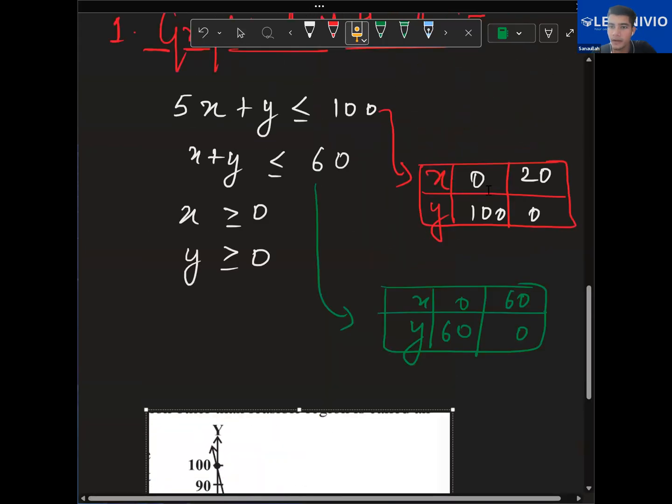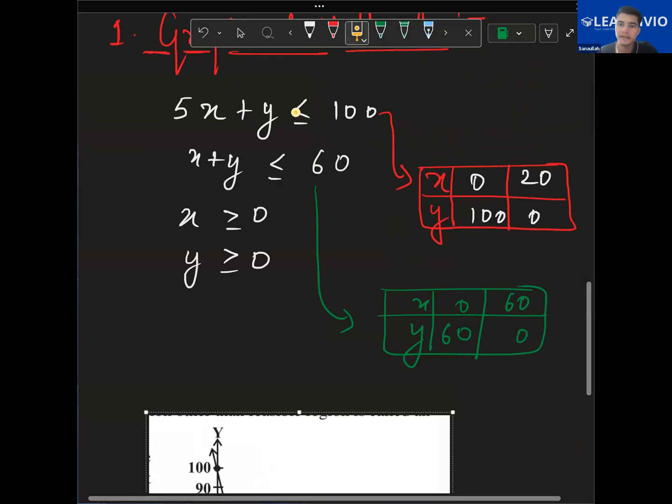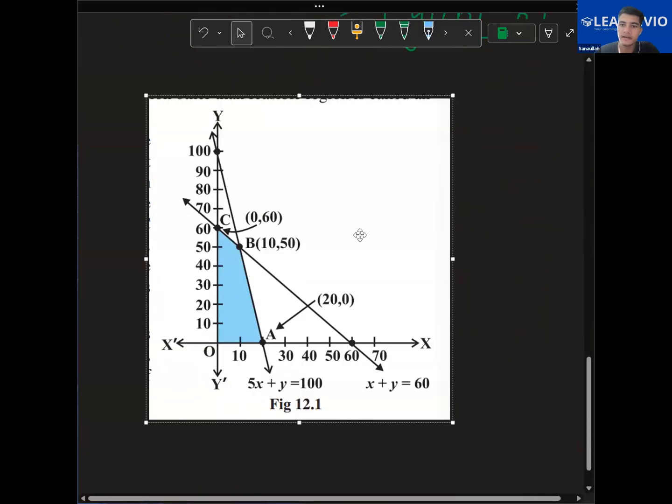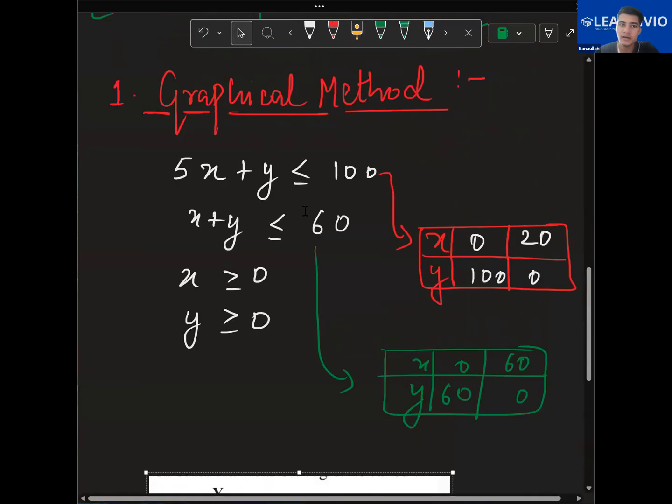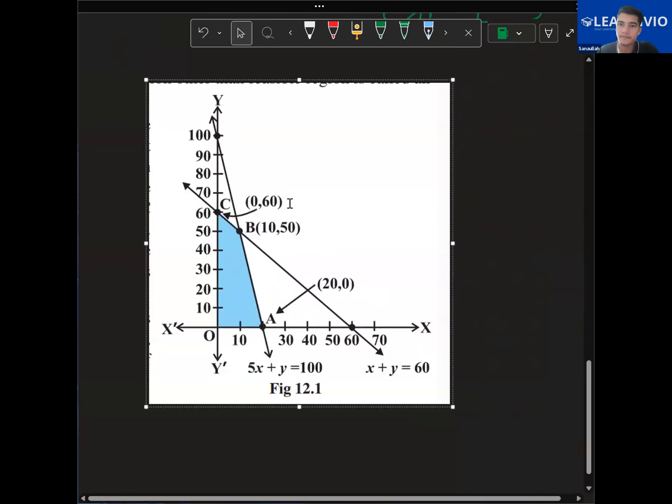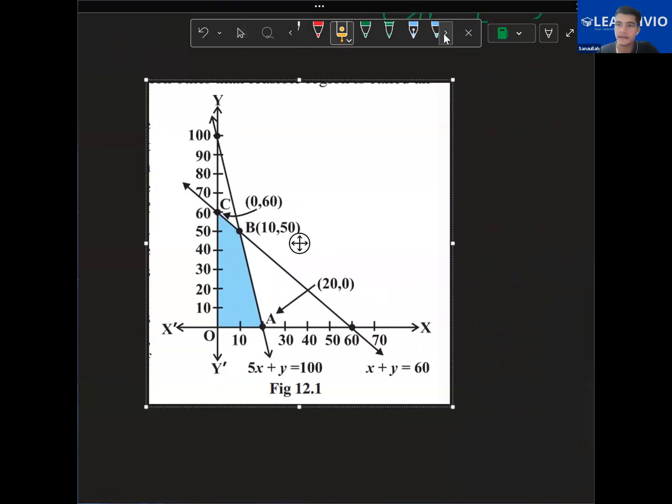And one more thing, this symbol, less than or equal to, is not required while making this line. It helps afterwards just to check in which area you are lying. Like here 5x plus y, that means how will you check which area you lie in?